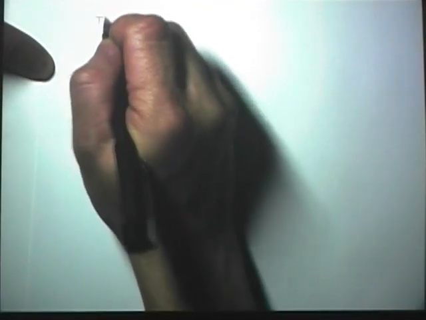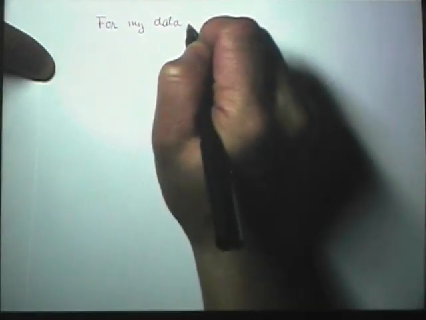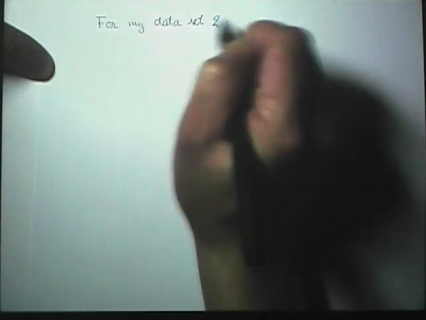So what I'm seeing here is that for my data set 2, once again, I keep choosing data set 2. I'm going to switch back so that we can have a look at data set 2 again.